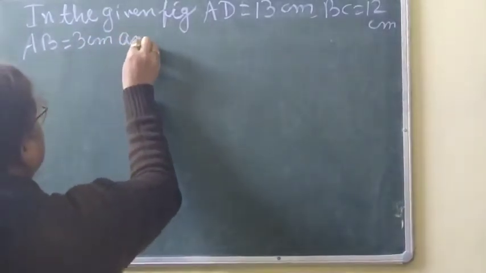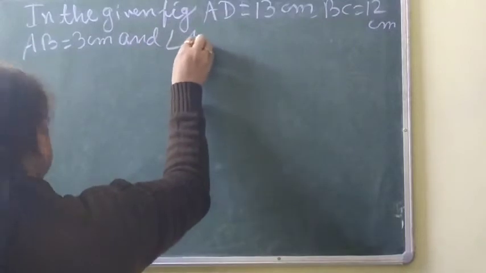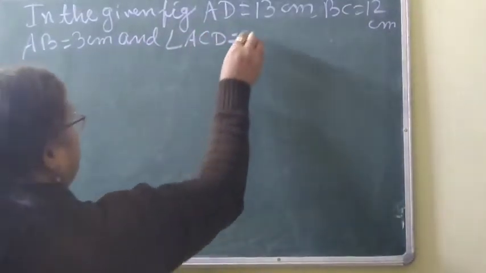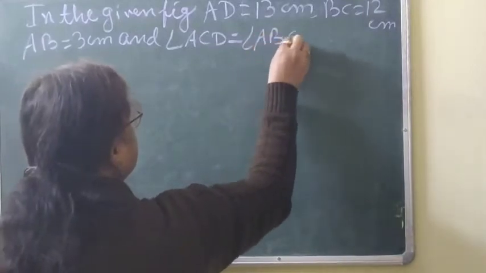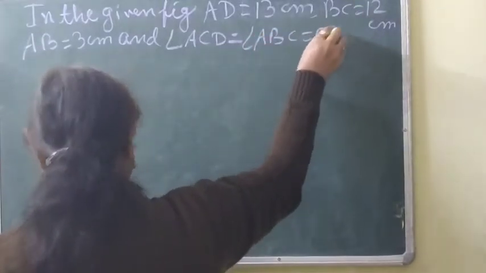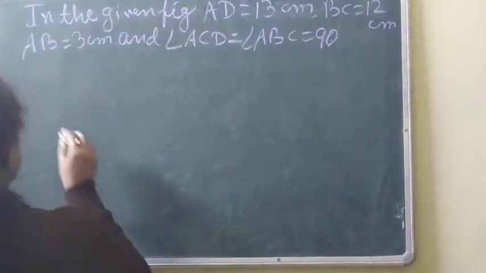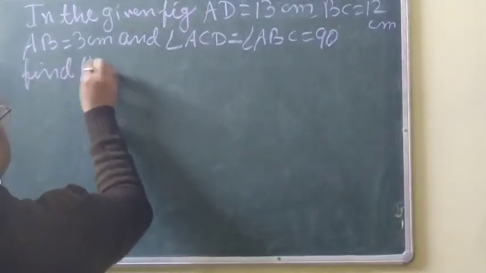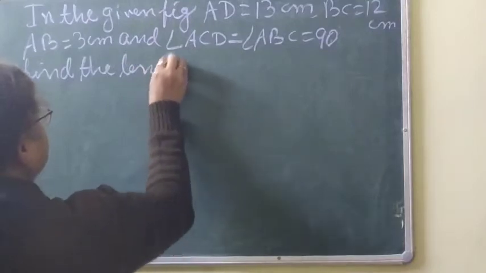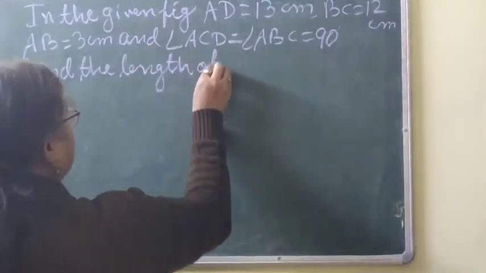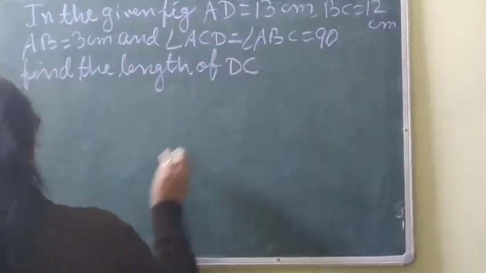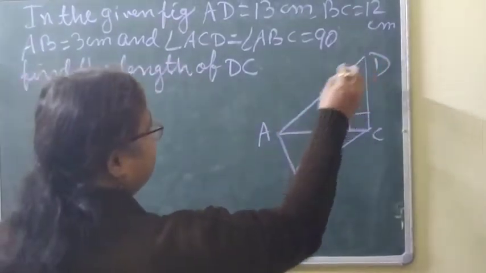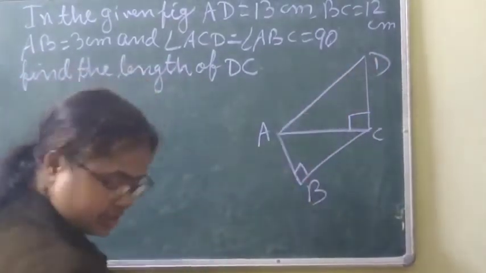And angle ACD is equal to angle ABC is equal to 90 degree. Find the length of DC. Clear? So in the given figure, AD is 13 centimeter.